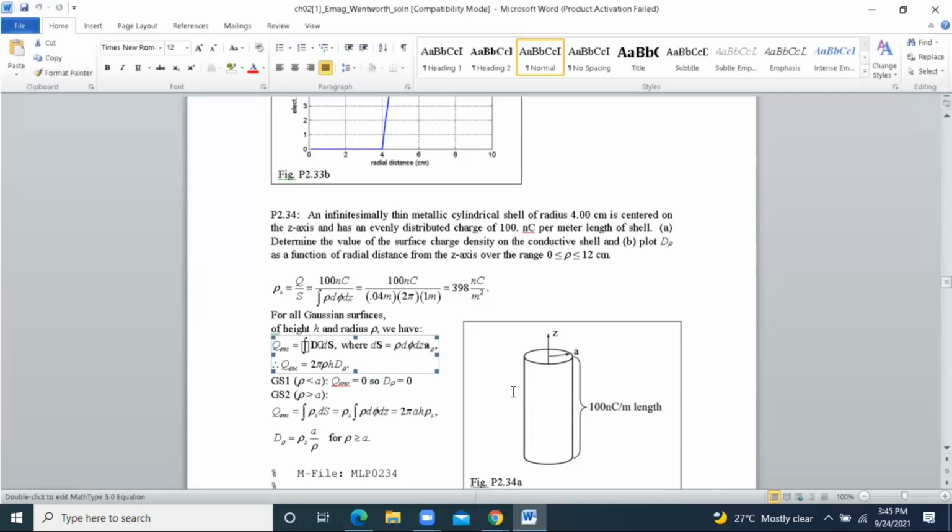So anywhere between the axis and the inner surface of the shell, there is no charge enclosed.